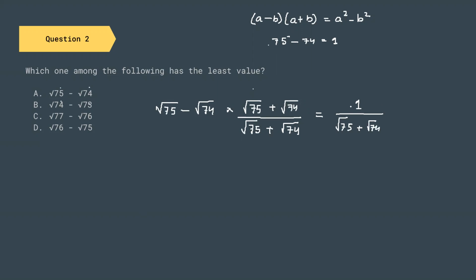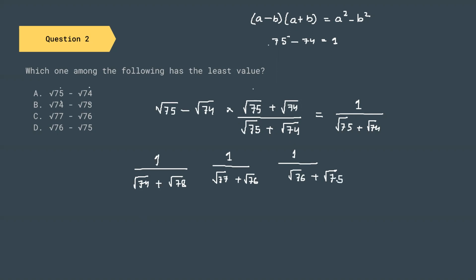This is for option number 1, and you can easily guess the rest of the answers for options B, C, and D. So we can write 1 by root over 74 plus root over 73, that is option A. Then you can write 1 by root over 77 plus root over 76, that is option C. And for option D, you can write 1 by root over 76 plus root over 75.